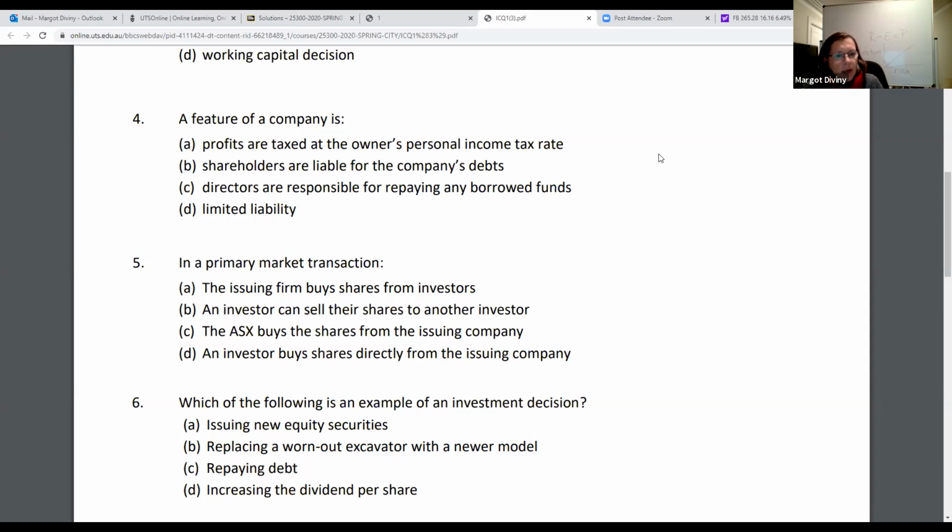Thank you very much. In a primary market transaction, what do we think the answer is to question 5? It's C. Yes, so the ASX is actually the stock exchange. It's the company. It's now a listed company. But I'm sorry, that's not the right answer.